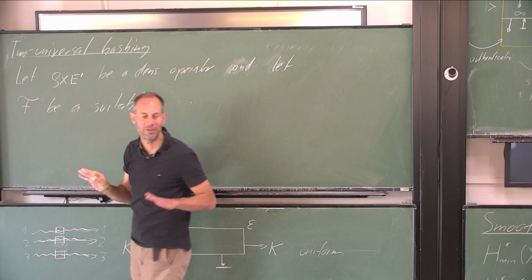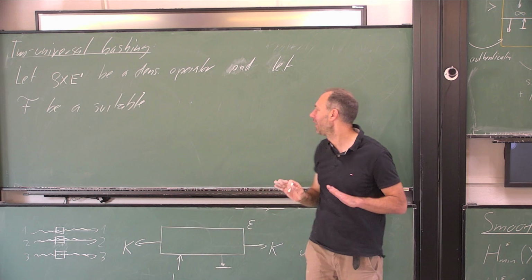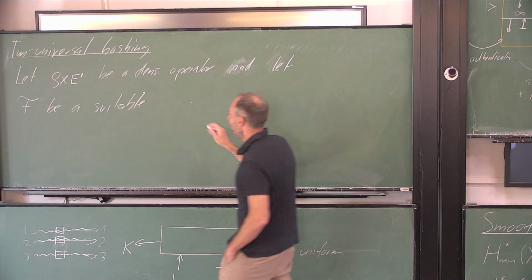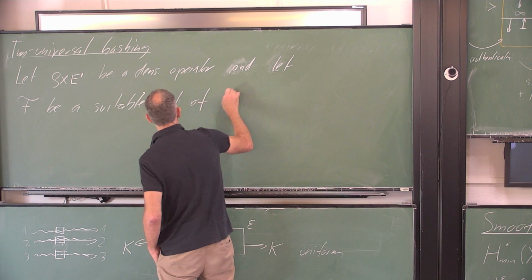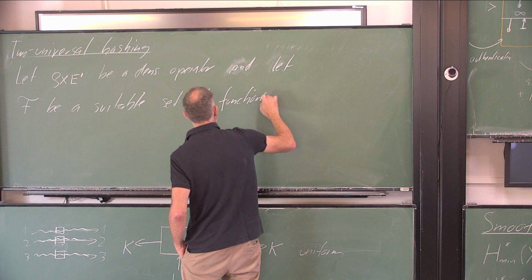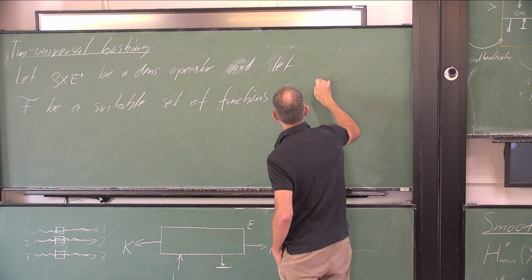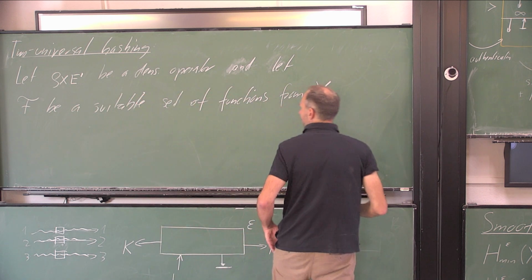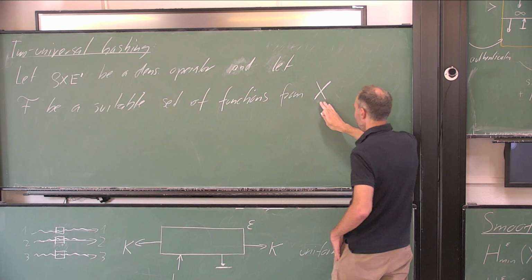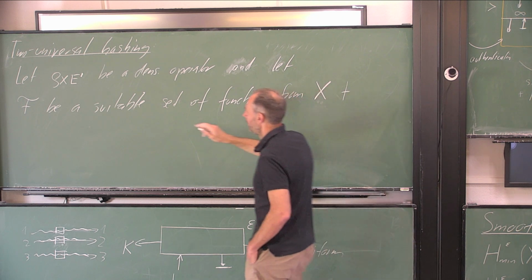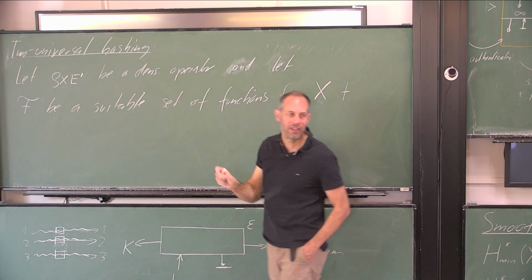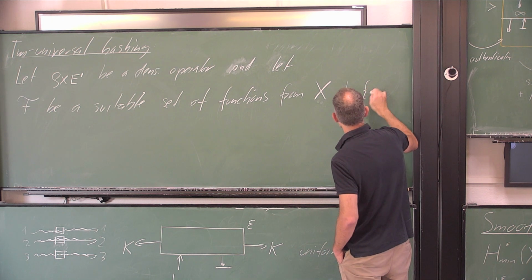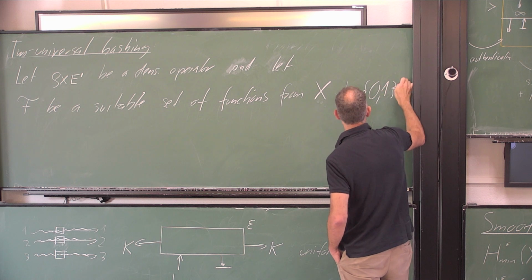If you read up the theorem, you will find a specification of what that suitable means, but for our purpose, you can just think of it as someone gives you that set. It's a set of functions from X, so they take as input the values that this system X takes. So here, this should be understood as the alphabet over which that defines these systems, and I will write concrete values with a small x, although in this case they don't even occur. And now I will assume that the output is an L-bit string.